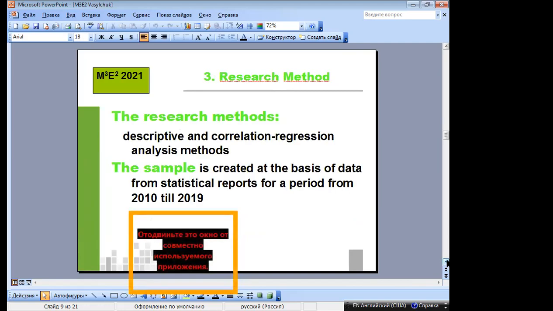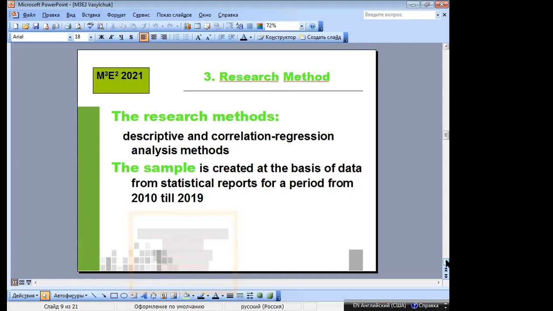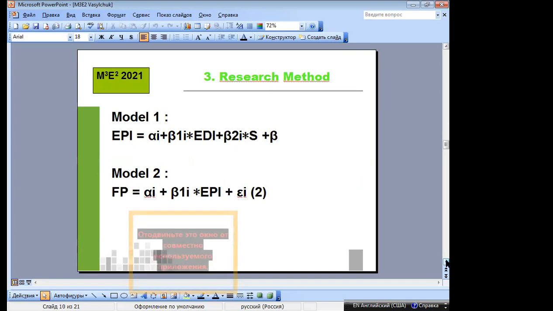Research method. The research methods are descriptive and correlation-regression analysis. The sample is created on the basis of data from statistical reports for the period from 2010 till 2019. The data were analyzed using linear regression based on the following models.